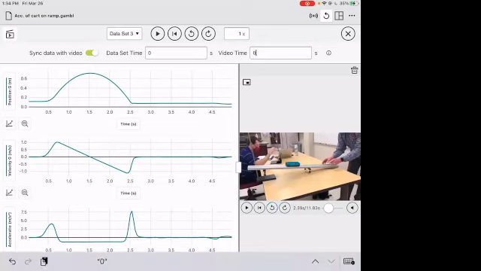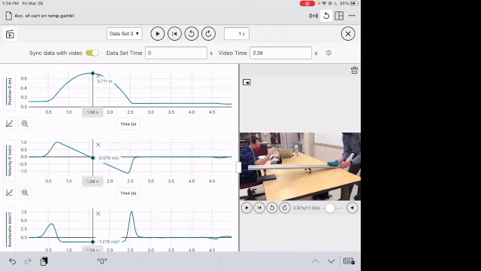So I'm going to enter that in my video time, 2.39. And then my data time is going to be right at the very top there at 1.5 seconds.